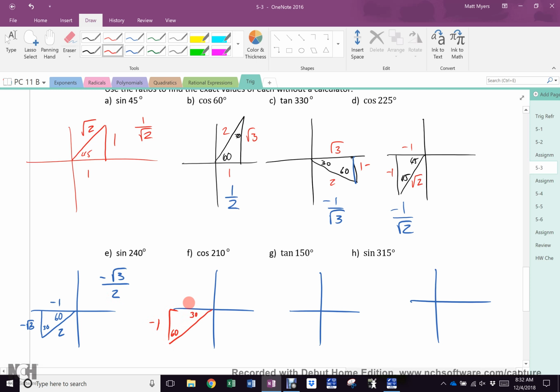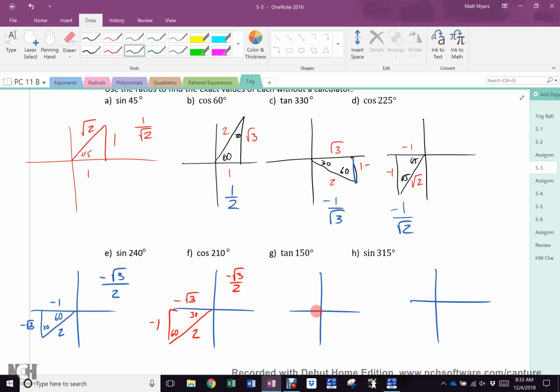Negative 1. What does that make this? This side. Look before you talk, Ayaka. Negative root 3. What does that automatically make this? 2. What is the cos of 210? Negative root 3 over 2.